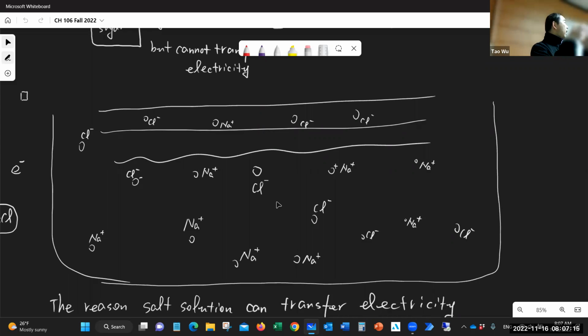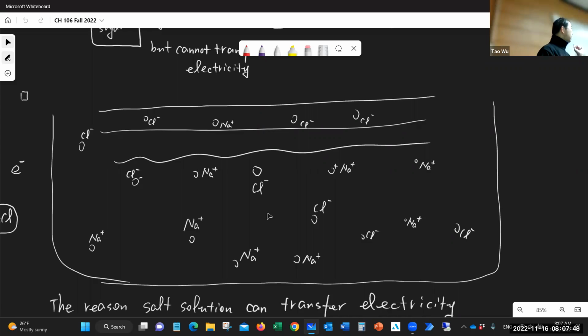When electricity travels, it has to combine with ions, the cations and anions, to travel. Otherwise, electricity cannot travel in the solution. So this is a very, very important concept: when electrolytes dissolve in water, they are no longer the original compound.